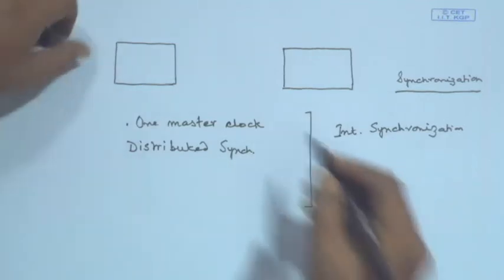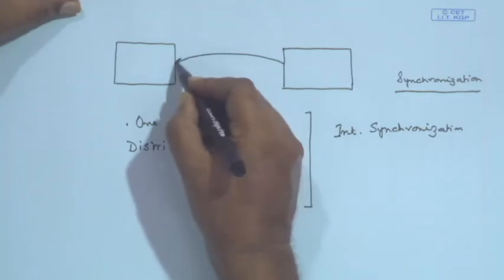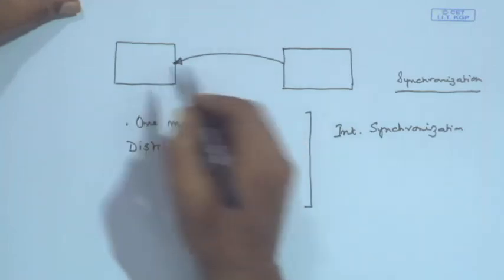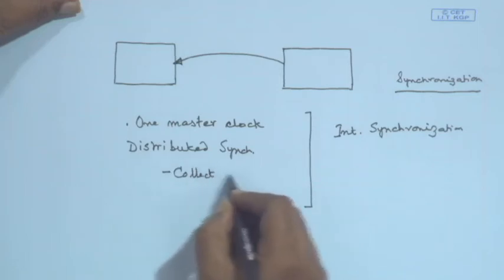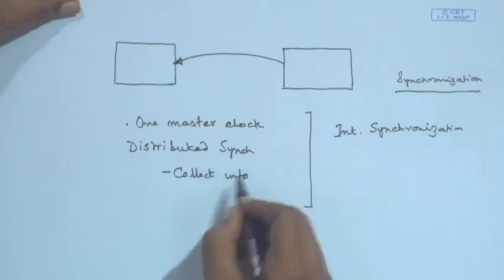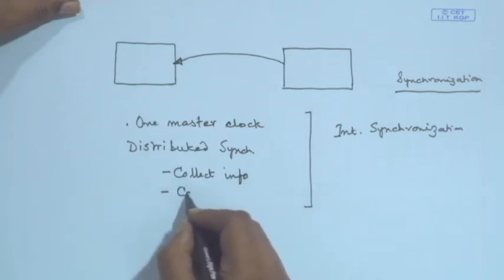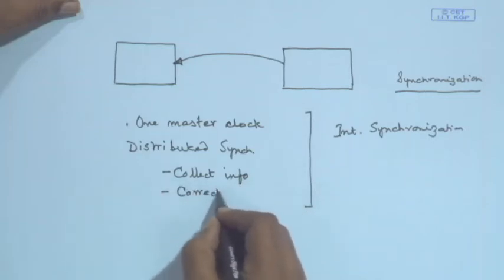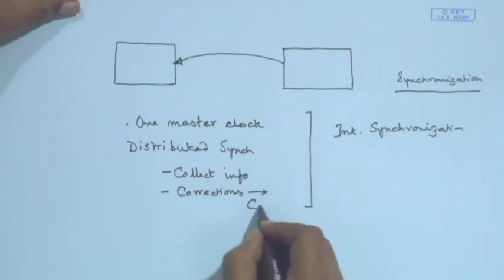Then we collect the information from the neighbors. Say for example, I get its time, and I first collect the information from the neighbor and then apply the corrections and get the correct value.